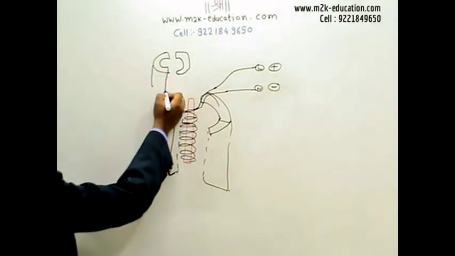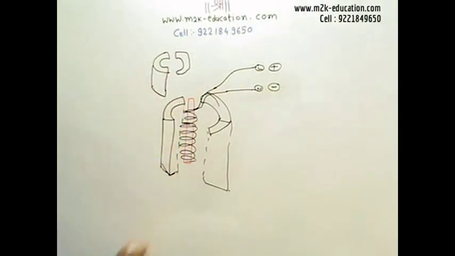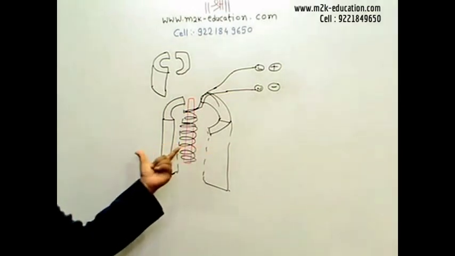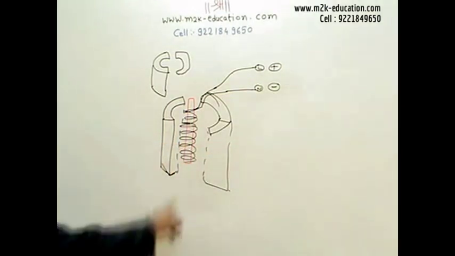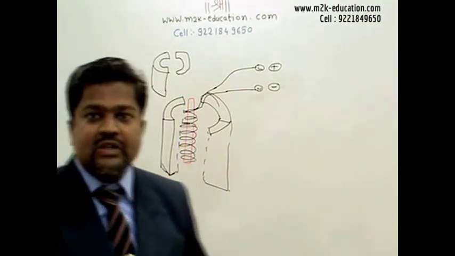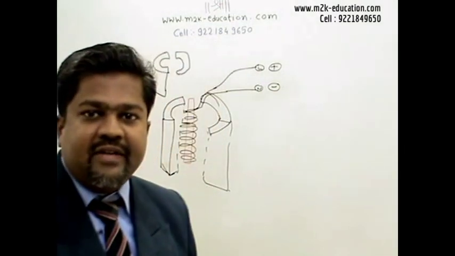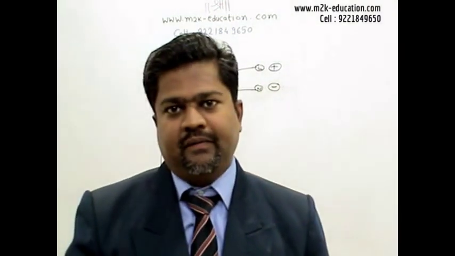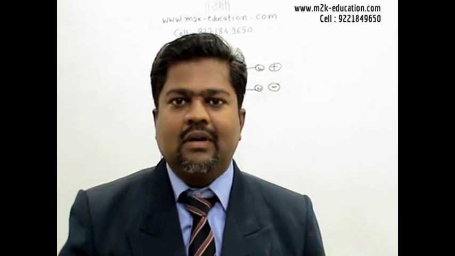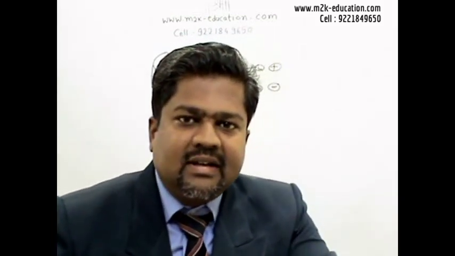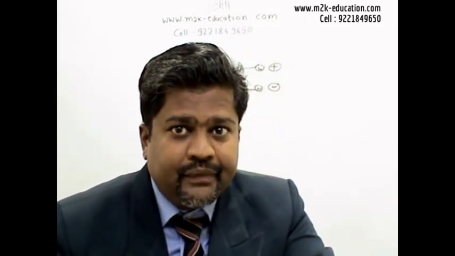So this may be the probable shape, like a cylindrical one. Two magnets are there, and in between is this shaft, the soft iron rod which has the coil. You may use this both ways.